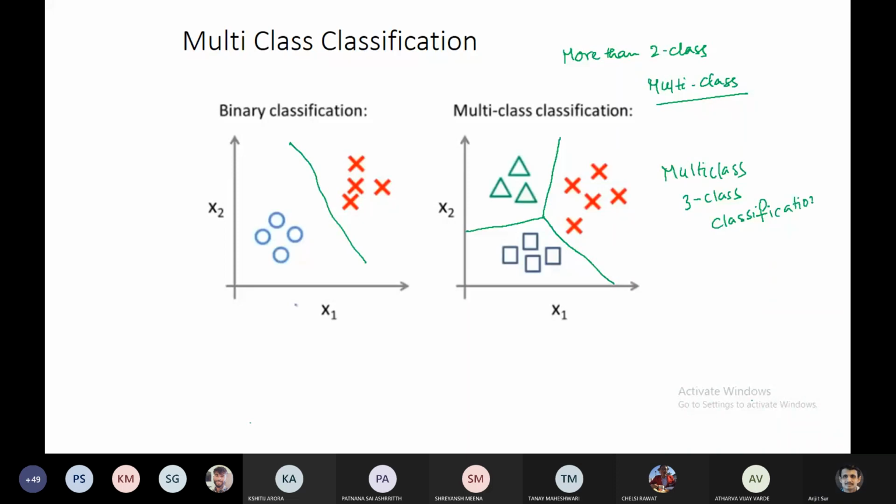This is very easy, and we can go for more classes. If it is 4-class, 5-class, or n classes, we can repeat this and easily get the multi-class classification.